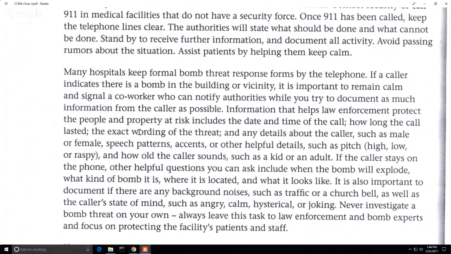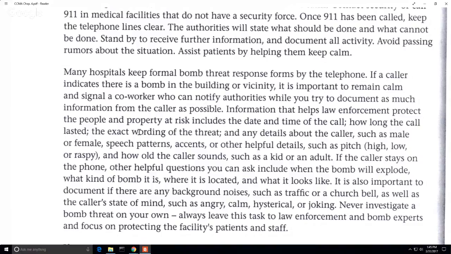Information that helps law enforcement protect the people and property at risk includes the date, the time of the call, how long the call lasted, the exact wording of the threat, and any details about the caller, such as male or female, speech pattern, accent, or other helpful details, such as pitch, and how old the caller sounds, such as a kid or an adult.